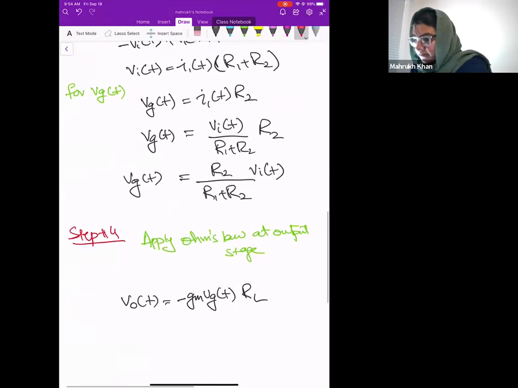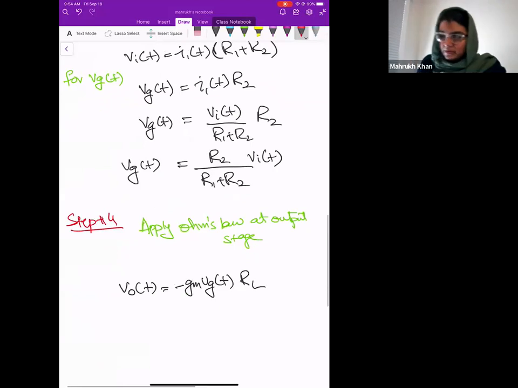So now, to make the relationship between V naught and Vi so that we can find out the transfer function as well, we will replace Vg of t in this equation of V naught, okay?